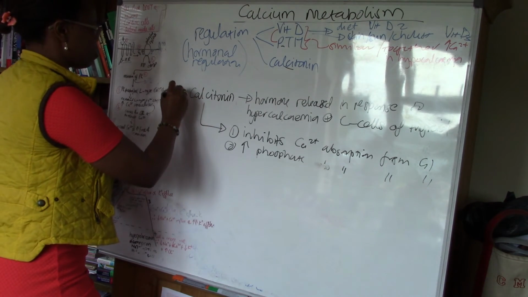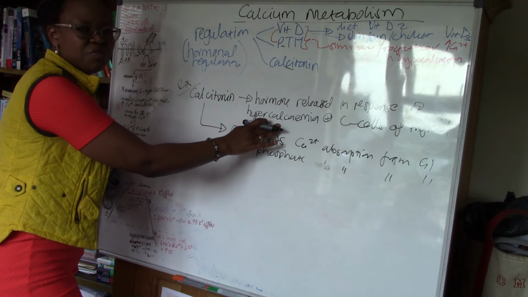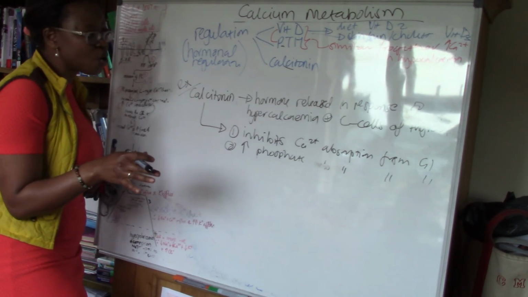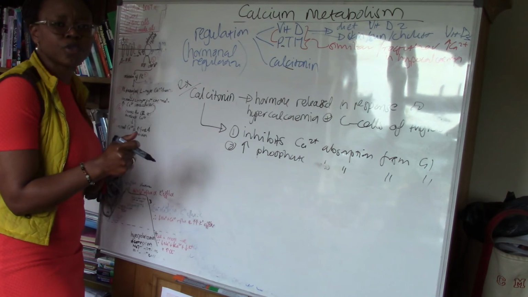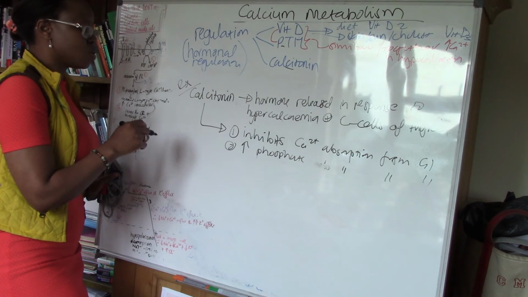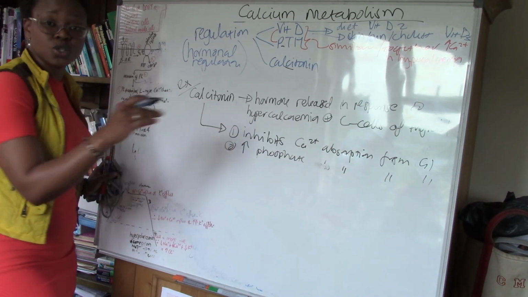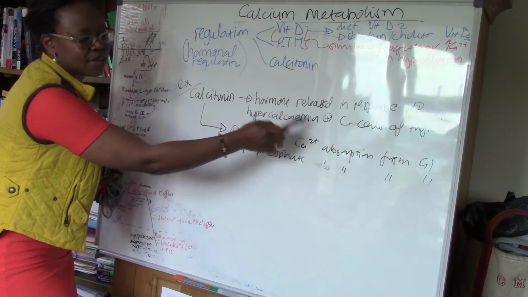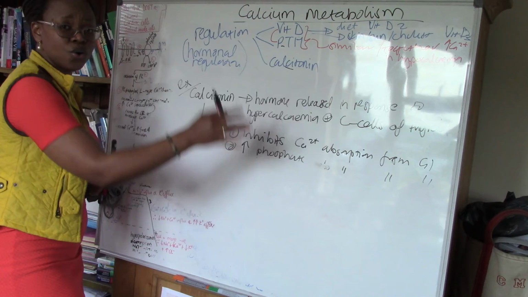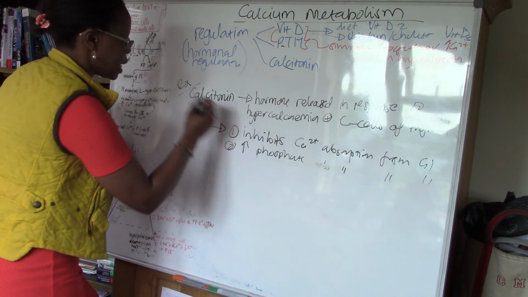And calcitonin can also be given therapeutically in emergencies, especially in cancer patients, perhaps when they have tumor lysis syndrome, which I've covered when I was covering some of the hematology. So if someone has tumor lysis syndrome and they have clinical signs of hypercalcemia, they can be given calcitonin to reduce calcium so that homeostasis can be maintained.